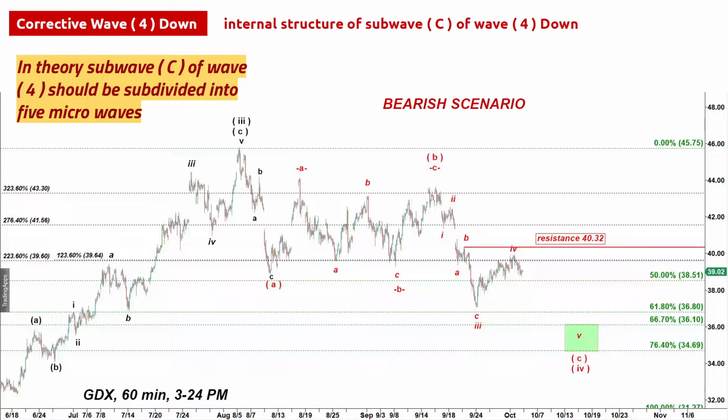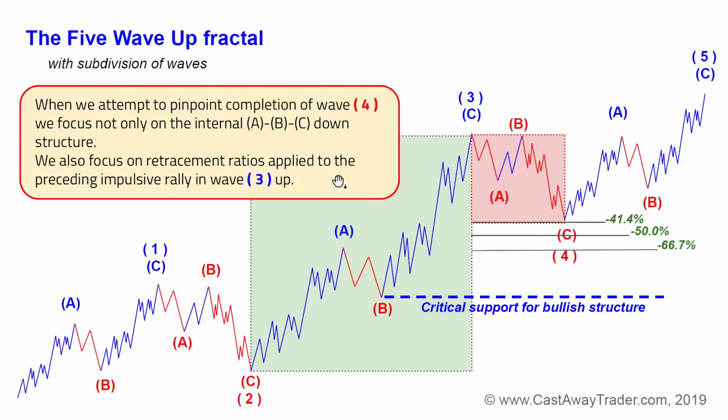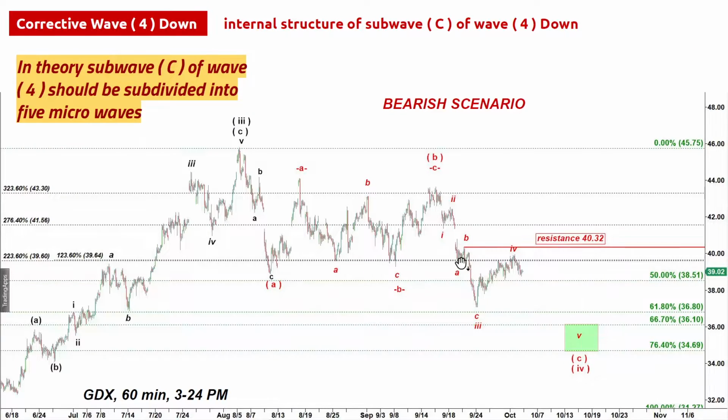But the problem here was that here you see retracement ratios applied to the previous rally in wave 3. Remember, I told you we have 3 most common ratios: 41.4, 50%, 66.7. We can see that the drop actually came very low, very close to the critical level.